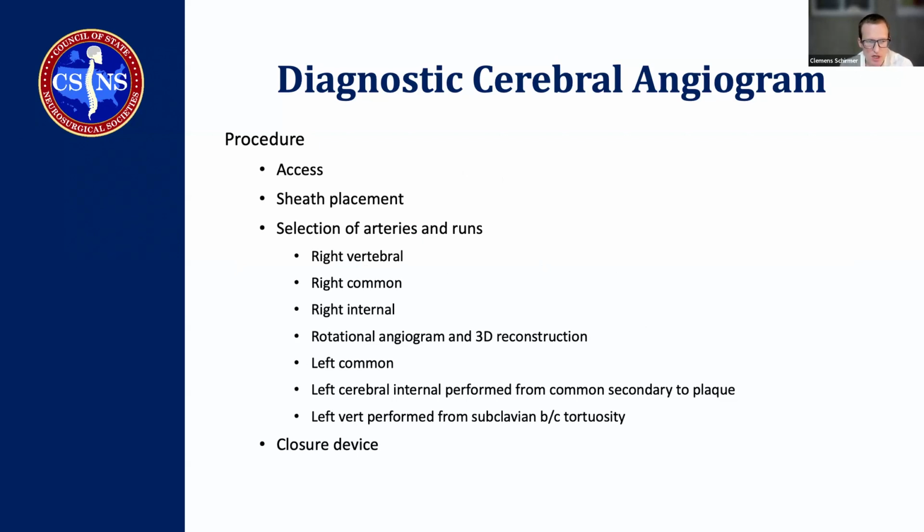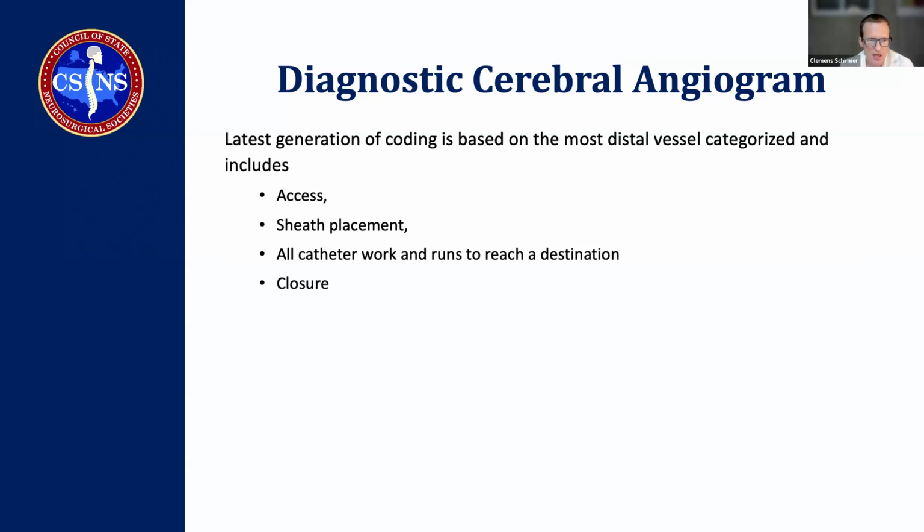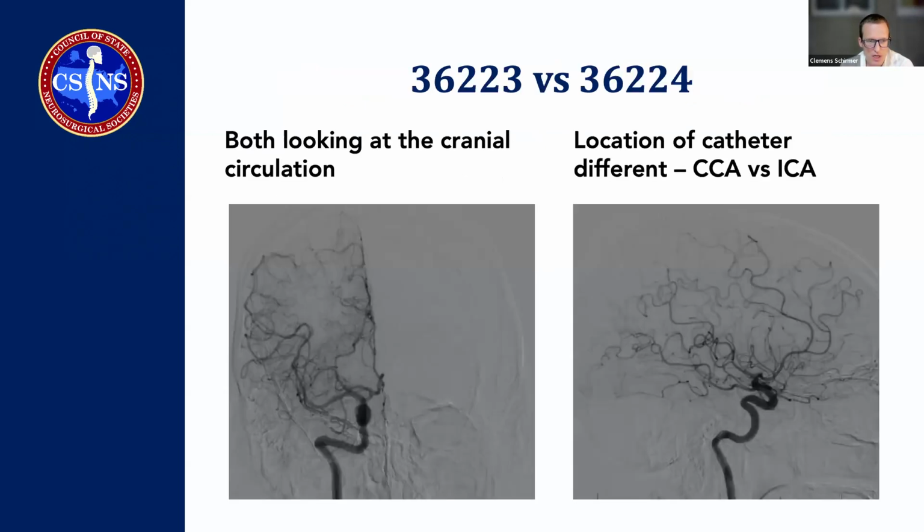This is a typical diagnostic angiogram. You essentially catheterize a bunch of vessels, you do some imaging there, and then you close. And this is really all included in the work that is being described by these codes. What is separately looked at is where did you place the catheter and where did you actually do your angiogram, or what did you assess?